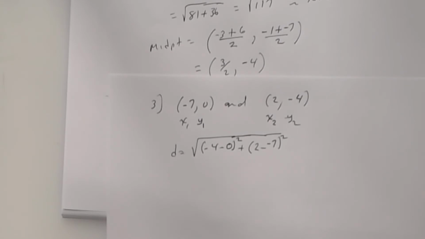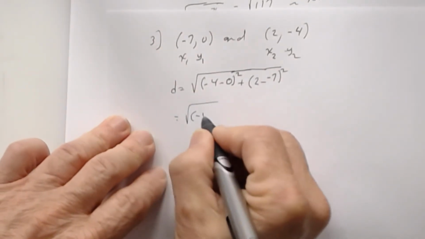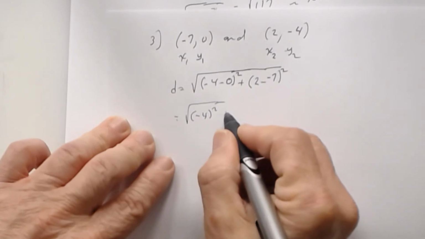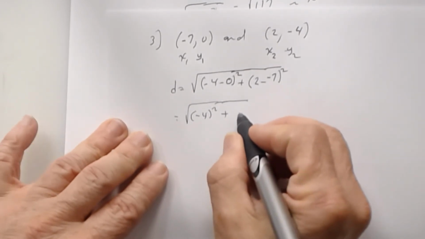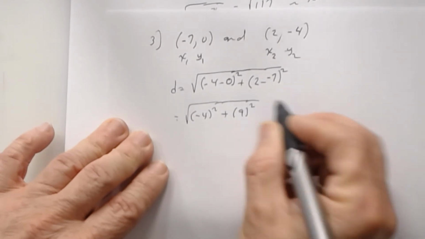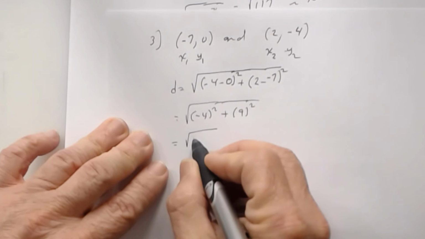What is -4 subtract 0 the same as? -4. And I'm going to square that. So I get 16 at some point. Plus, what's 2 subtract -7 the same as? 9. I'm going to square that, right? What's -4 squared?